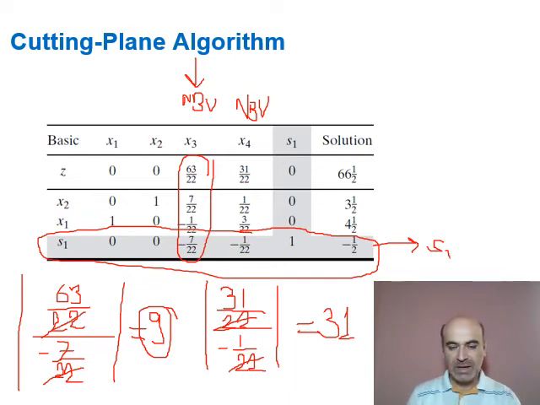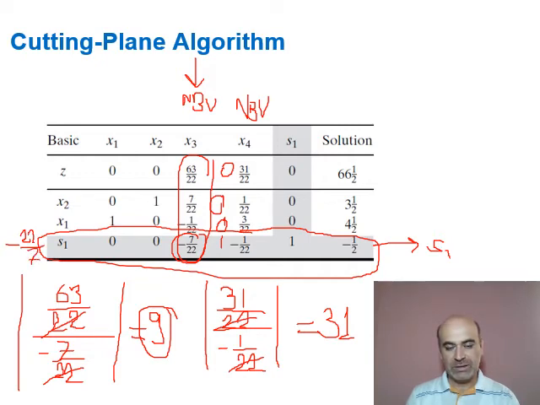By making elementary row operations, I need to convert this to 0, 0, 0, 1. For this purpose, I need to make this value equal to 1. It means that I need to multiply this row by minus 22 over 7.